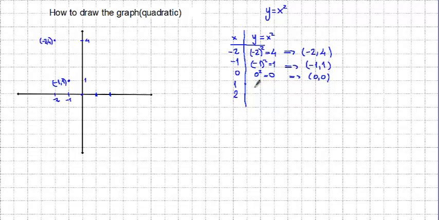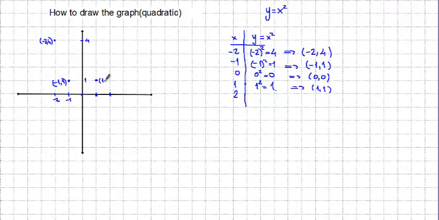Okay, now we will continue with the fourth value. x is equal to 1, y is equal to x squared, 1 squared, so it's equal to 1. Then the coordinate is 1, 1. It's this point.